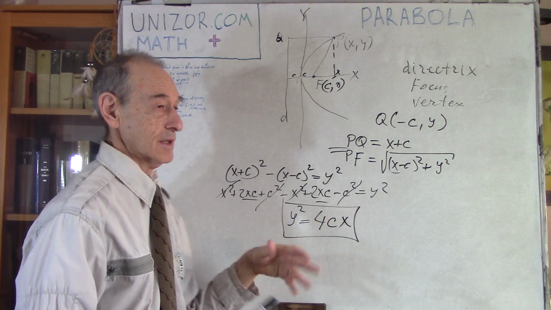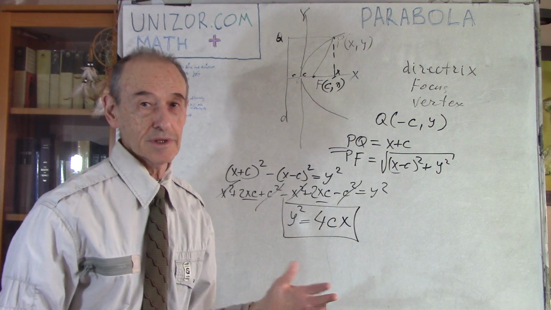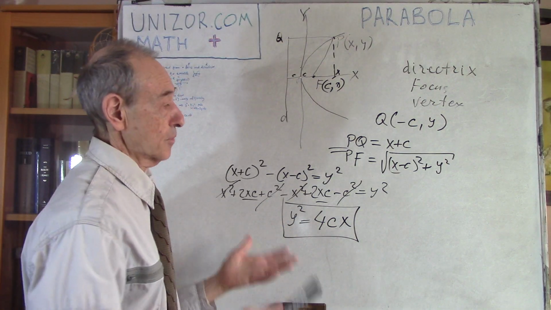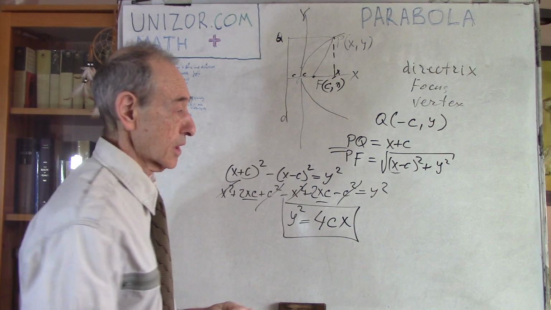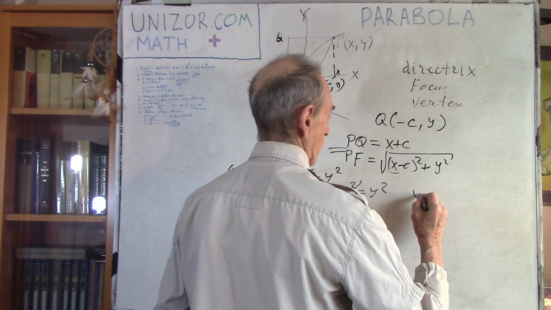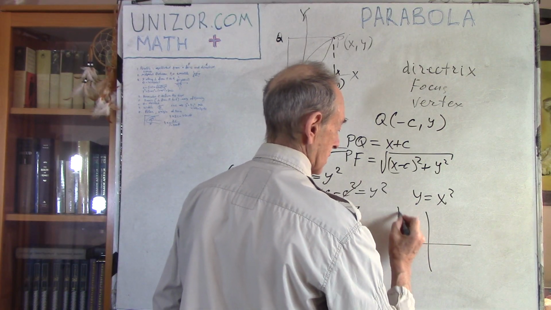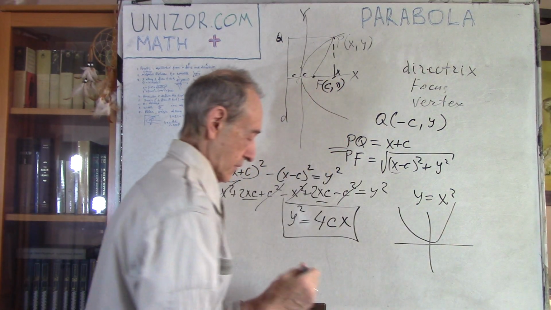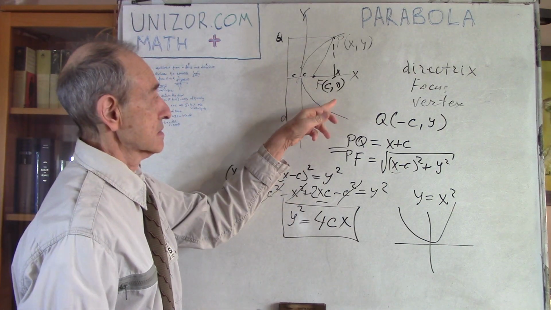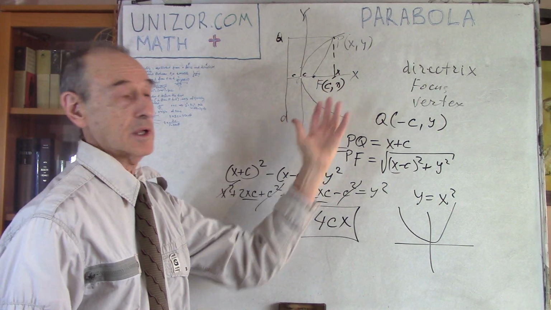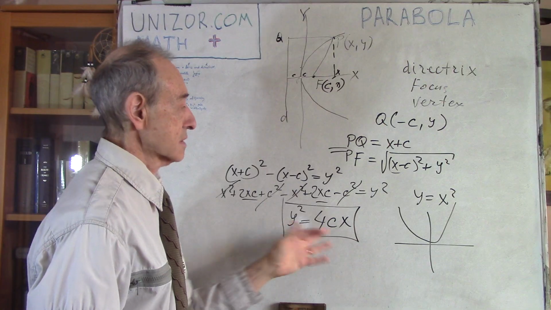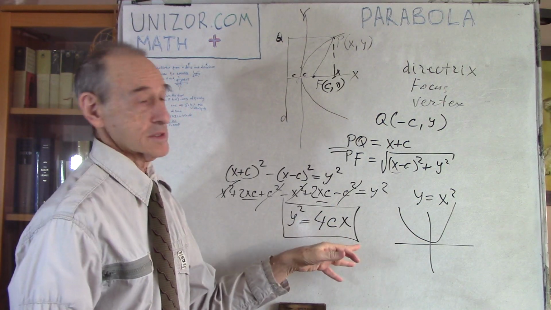By the way, the parabola you used to have, something like y equals x squared, is basically the same thing as this one, but turned 90 degrees. It just means that x is y and y is x.